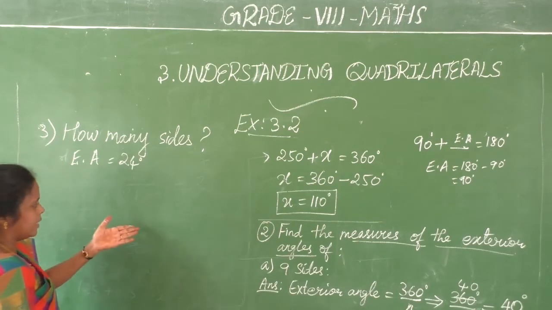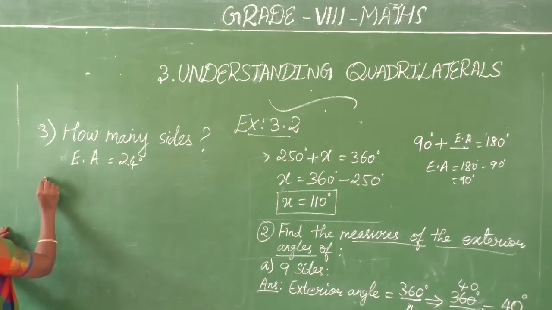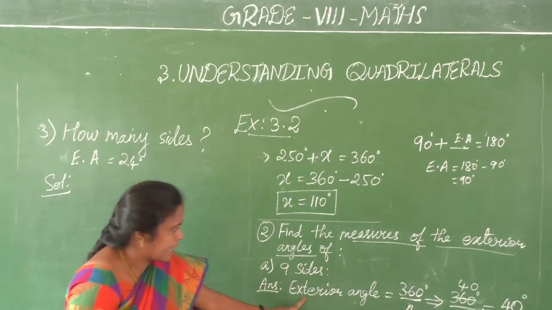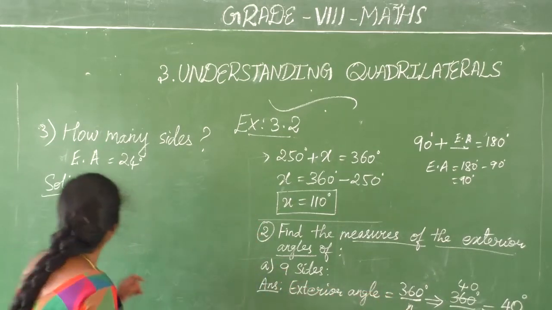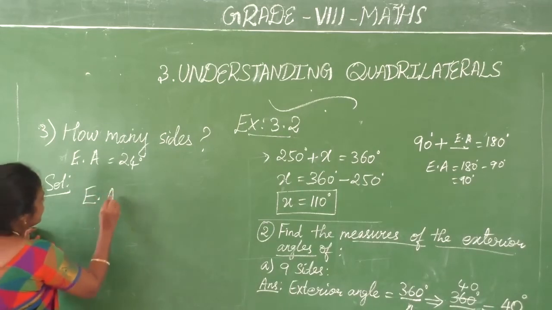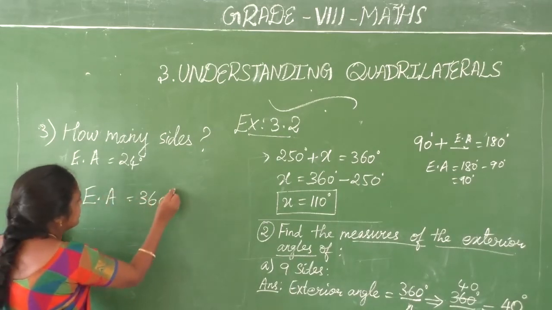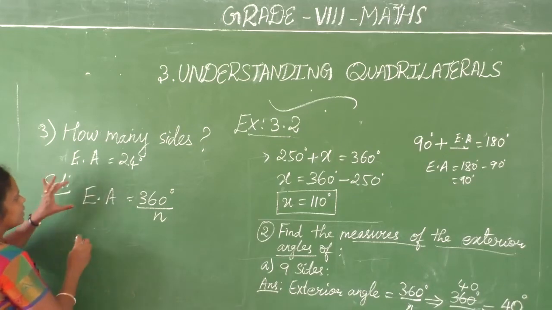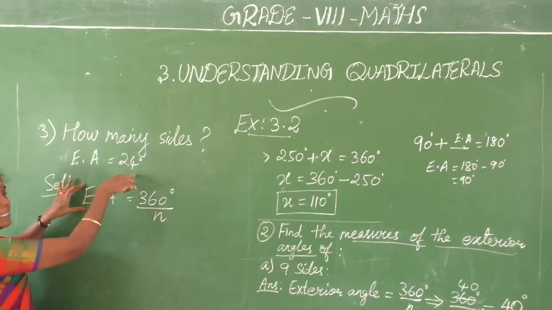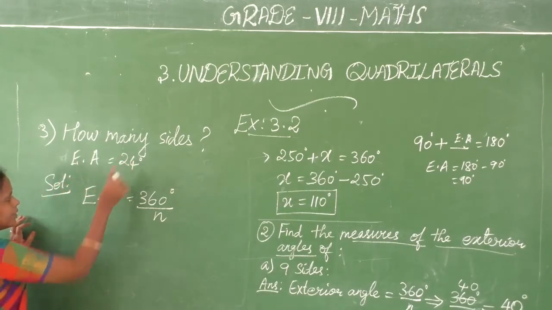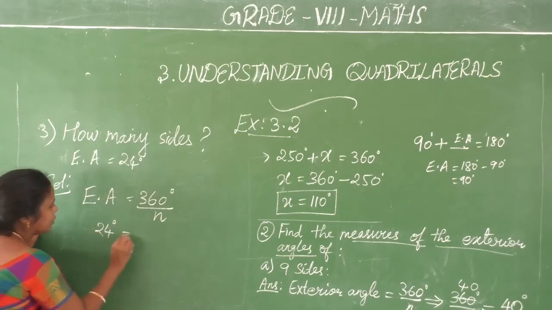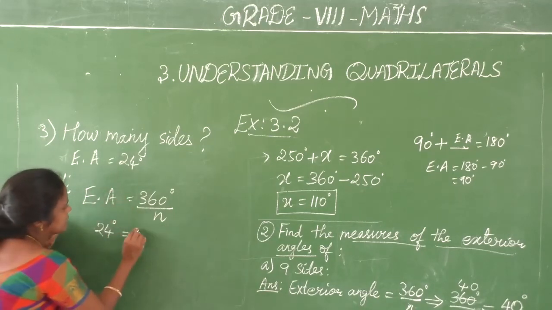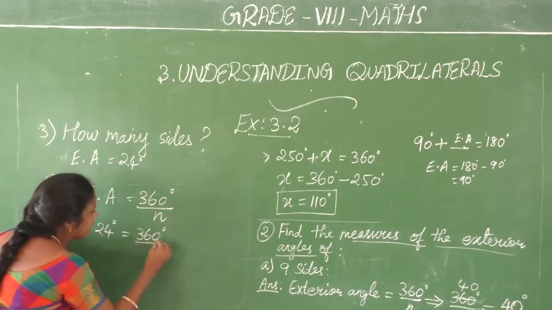The same way, just now we have seen in the second section how we did it. For finding the exterior angle, we used this formula. Clear? Exterior angle is equal to 360 degree by number of sides. So in the place of exterior angle, we can apply the given value 24 degree. Clear? 24 degree is equal to 360 degree by number of sides.